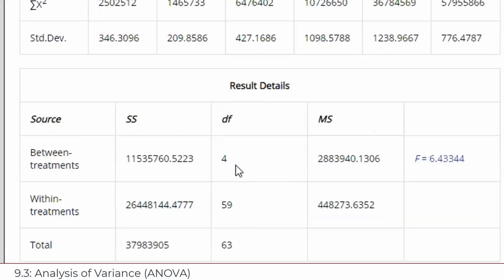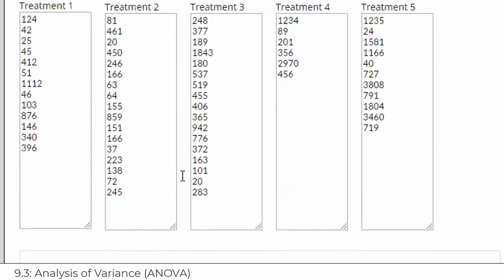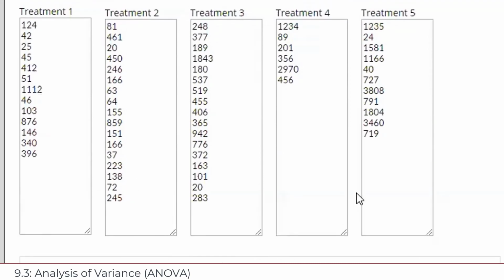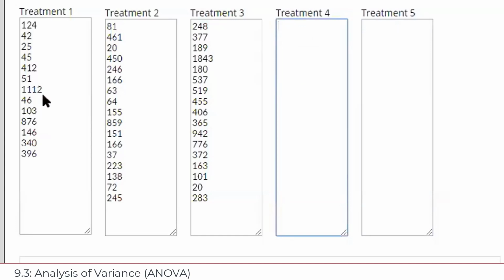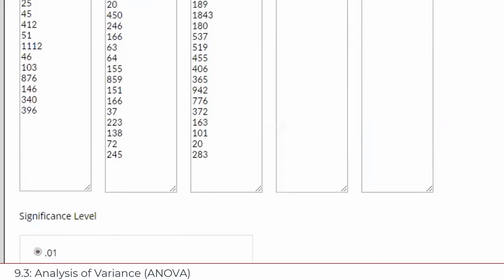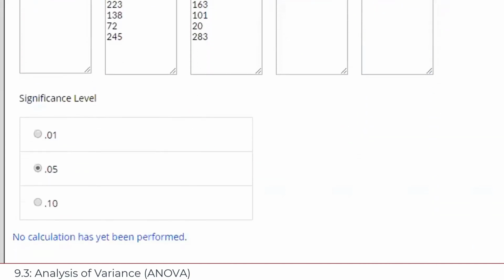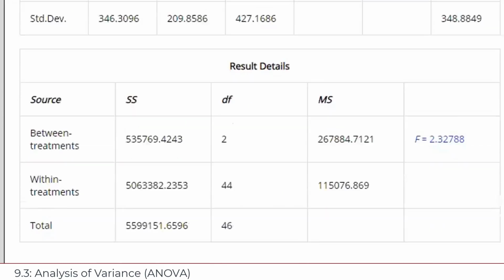Now, again, the limitations of this are you're limited to 5 treatments. If you had 6 or more treatments, you could not use this website. If you had only 3 treatments, then you would only fill out this information, and maybe I want to change it to 5%. I can hit calculate, and it'll do the exact same calculations, but just for the 3 treatments.